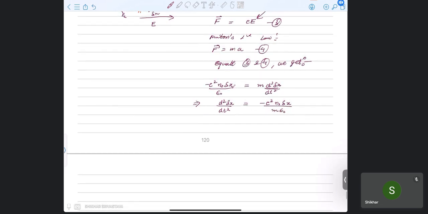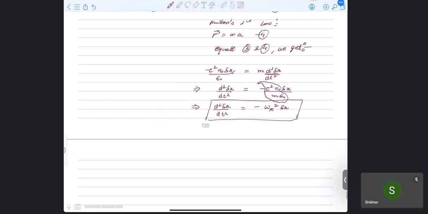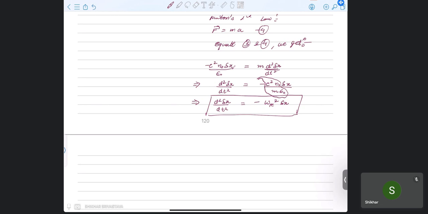So this quantity can be further written as d2 del x by dt square is equal to minus omega p squared, where omega p is the plasma electron angular frequency, times del x. So this is your equation. Okay, this is how your general second order differential equation looks like for harmonic oscillations.